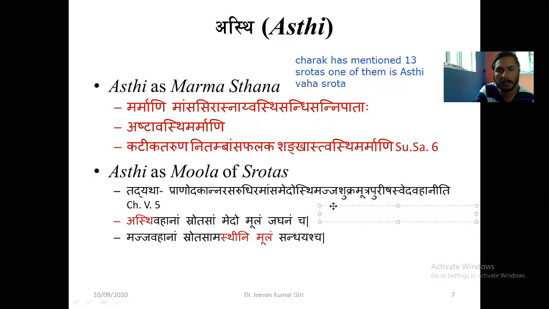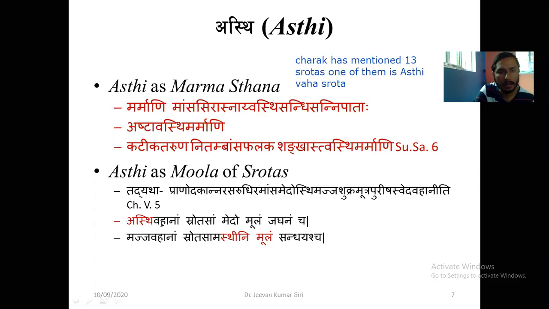Now see here, next sloka: Asthi Vahanam. See, this is the Asthi Vaha Srotas. Asthi Vahanam Srotasam Medomulam Jaghanam Cha. So here Charaka has mentioned the Mula. Mula means the main origin actually, the main site of origin of this Srotas.